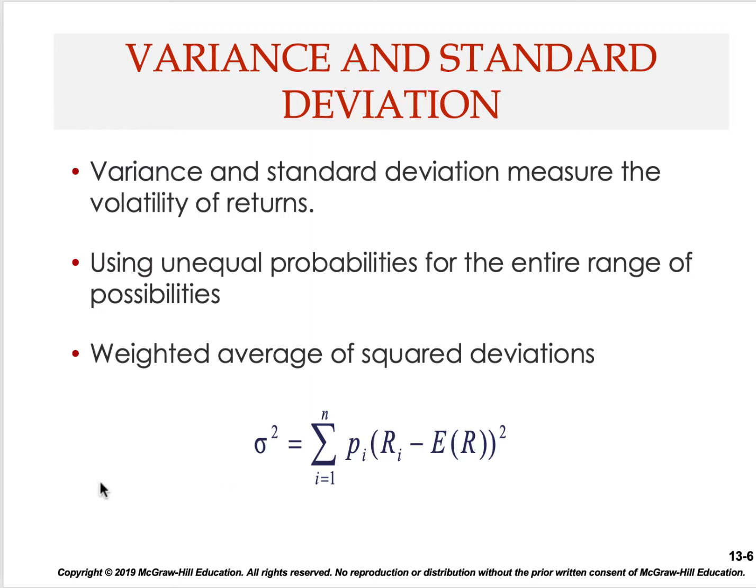Because if you remember, in chapter 12, we took our squared deviations, added all of them up, and divided by n, the number of observations, minus 1.